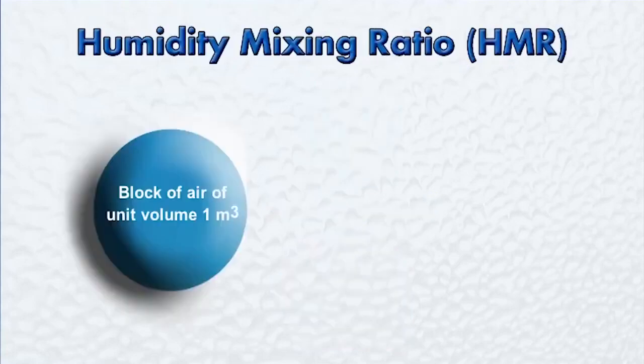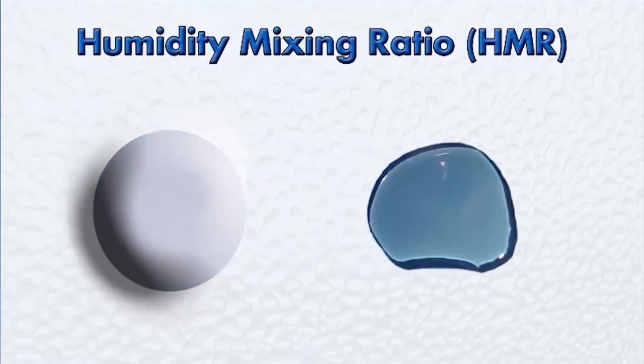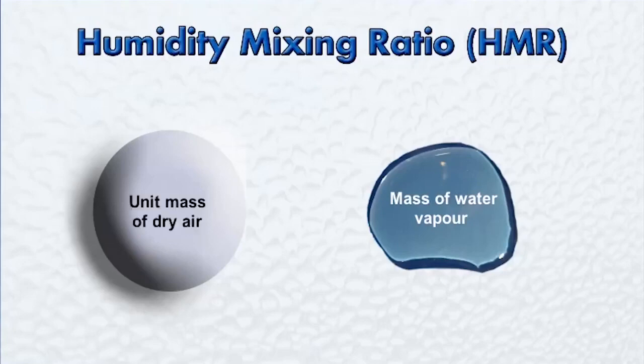Humidity mixing ratio, or HMR, is a similar property to absolute humidity, in that it is a measure of the amount of water vapour contained in a sample of air. But whereas absolute humidity is the mass of water vapour in a unit volume of dry air, the humidity mixing ratio is the ratio of the mass of the water vapour to the mass of the dry air. It is expressed in grams per kilogram.